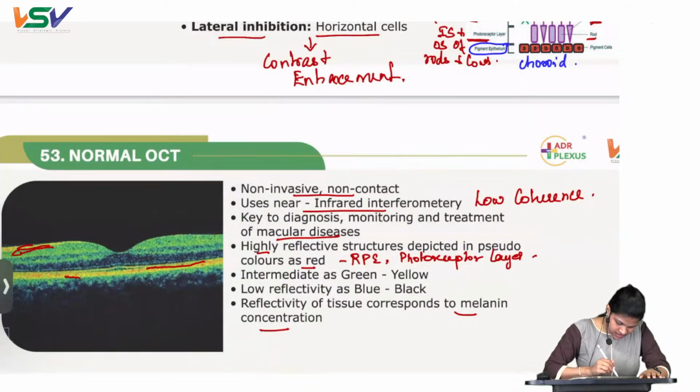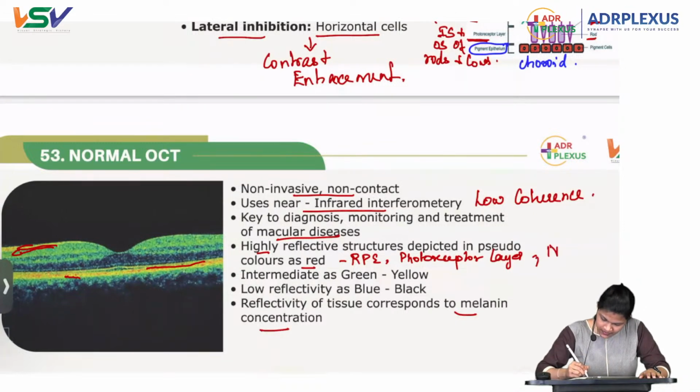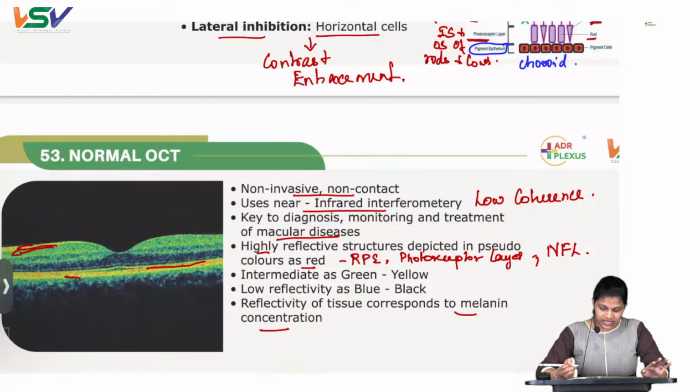So all these three are present in red color.